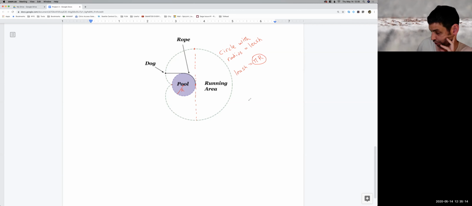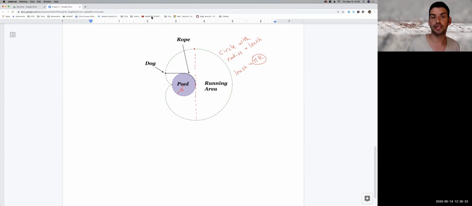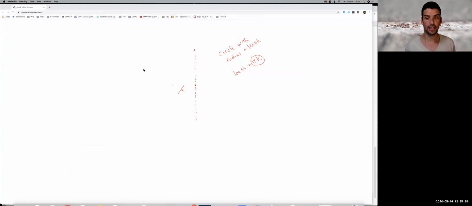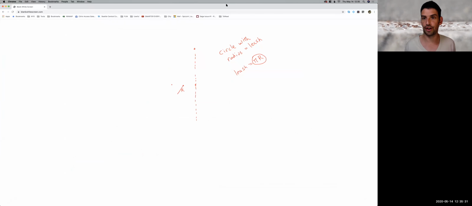I do also want to take a moment to prove a couple of facts that we're going to need later in this problem before we dig into it. So let's leave the setup of this problem for a moment, and I want to prove a couple of quick facts.